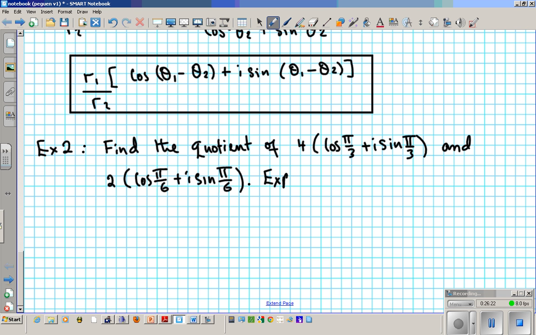Express your answer in rectangular form.